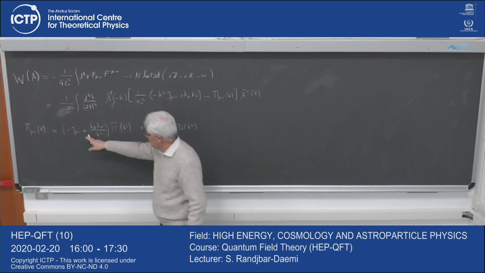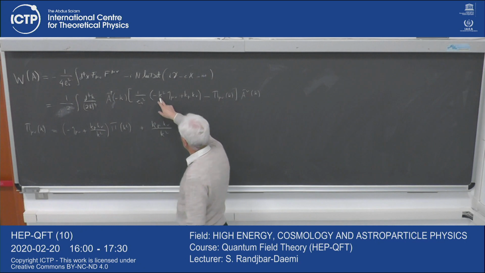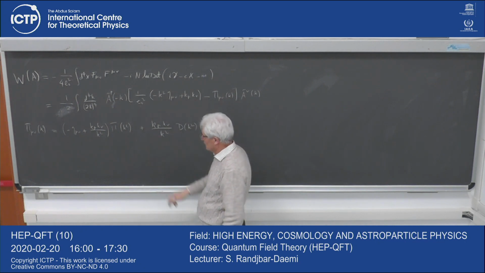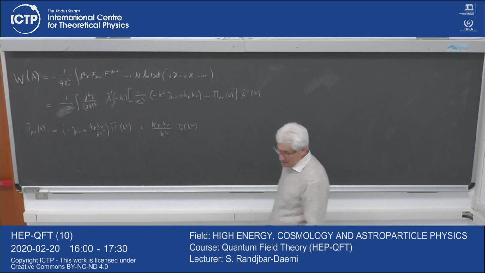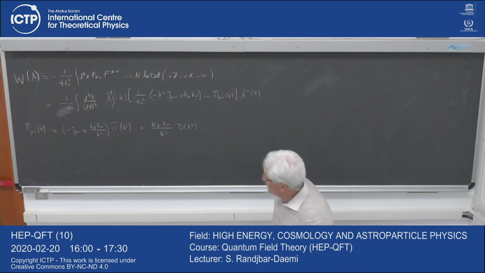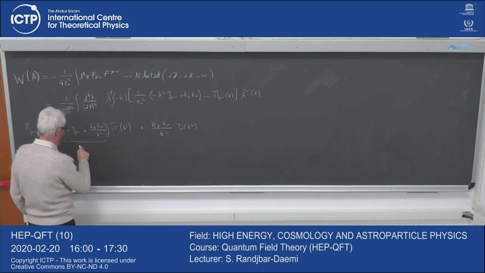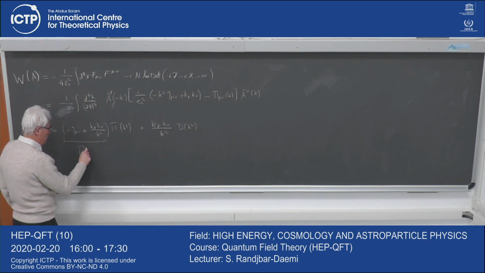This is the same tensor which appears here if you factor out k squared. I wrote it in that form because it's more common, because it's a projection in that way. Later on we will call this P mu nu T, and we'll discuss it more.